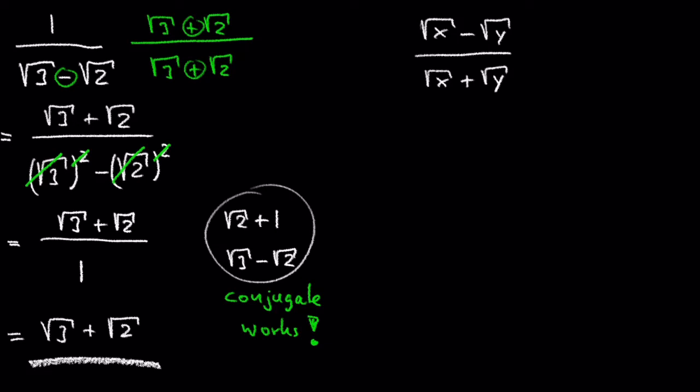Again, just multiply the top and bottom of the fraction with the conjugate of the denominator, which is the square root of x minus the square root of y, to make the denominator rational.